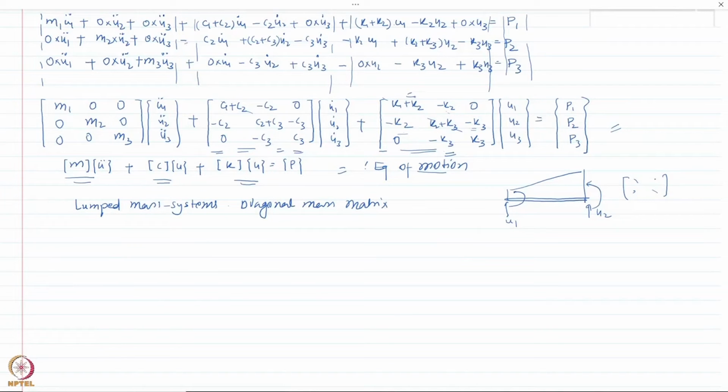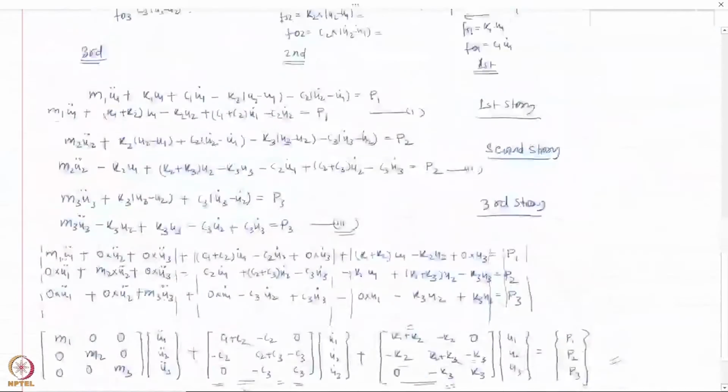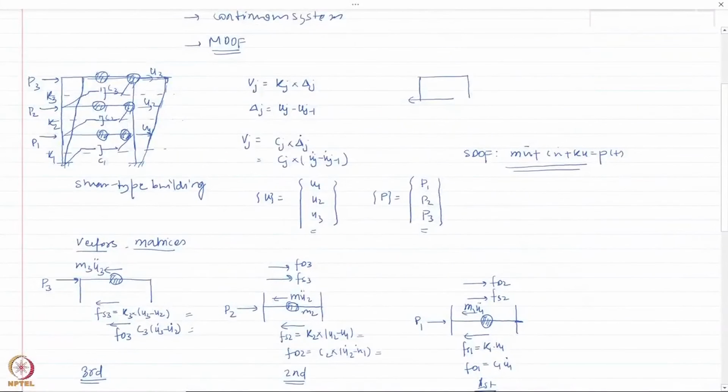Now, once I have found the equation of motion for the multi-story building, let us consider some different representations. Remember, I have said that for a shear type building there is no flexural deformation. All the mass is concentrated at the floor level, and the degrees of freedom are horizontal deformations at each level.